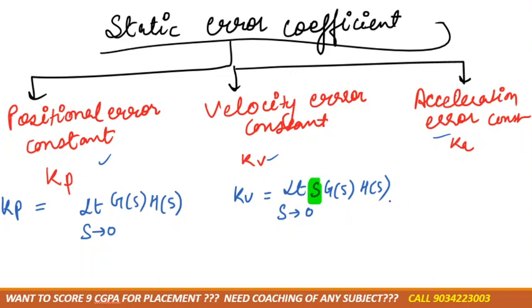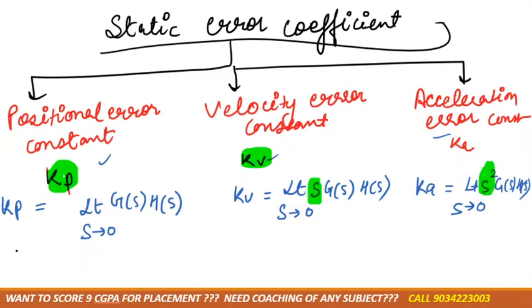And for the acceleration error constant, we have the formula Ka equals limit s tending to 0 of s²·G(s)H(s). So in Kp we will not have s, in Kv we will have s, then in the acceleration error constant Ka we will have s², correct?